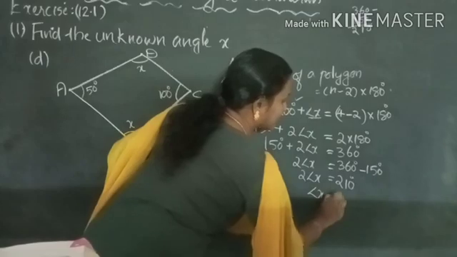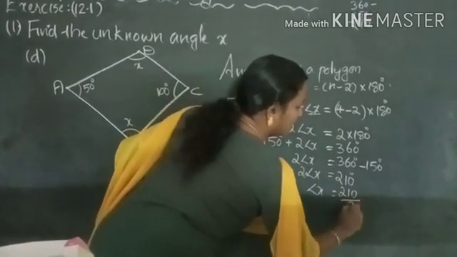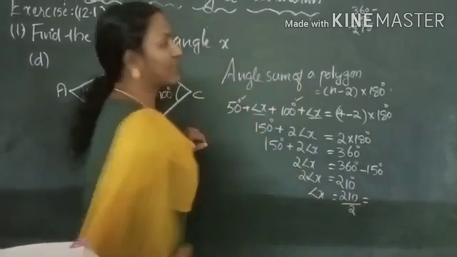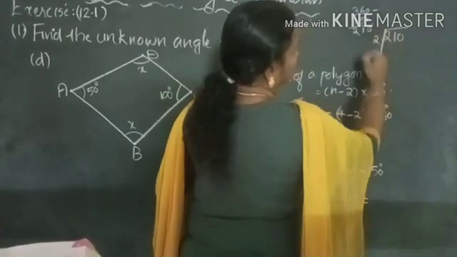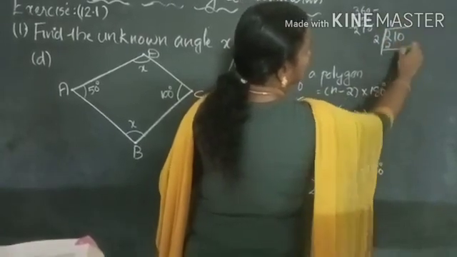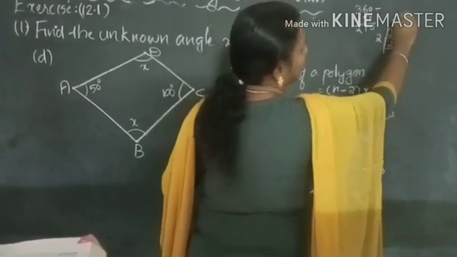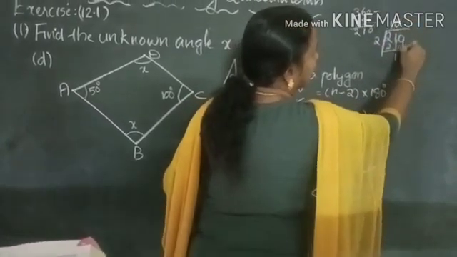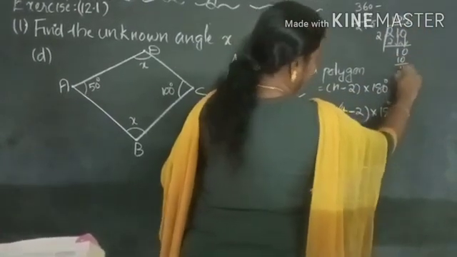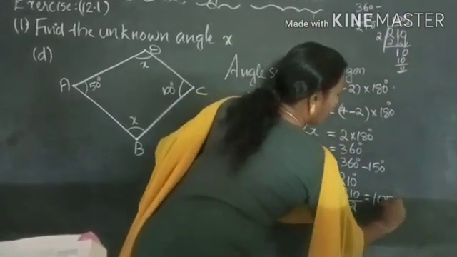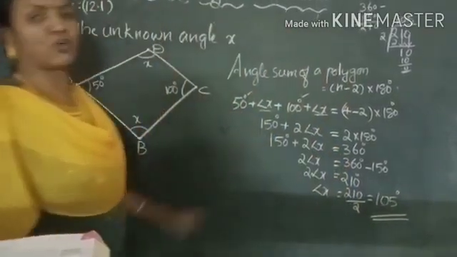Then angle x is equal to 210 divided by 2. 1, 2 is 2. Next number 1. 1 is not divisible by 2. So we put 0. Again next one 0. 2 5s are 10. So angle x is equal to 105 degree.